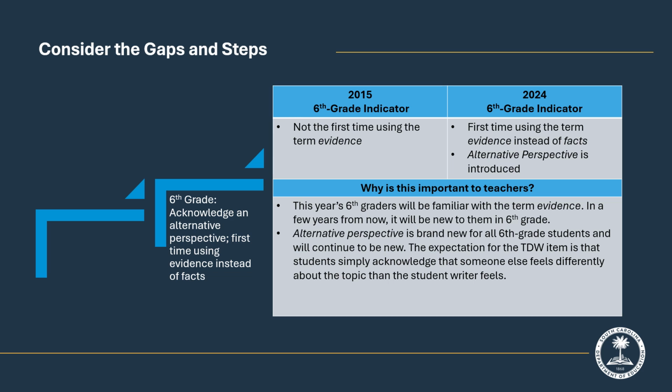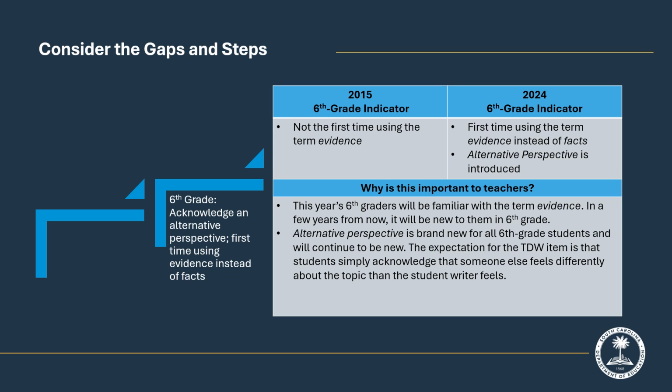This year's 6th graders will be familiar with the term evidence because they had it in previous year's instruction using the 2015 standards. In a few years from now, it will be new to students in 6th grade. Alternative perspective is brand new for all 6th grade students and will continue to be new.